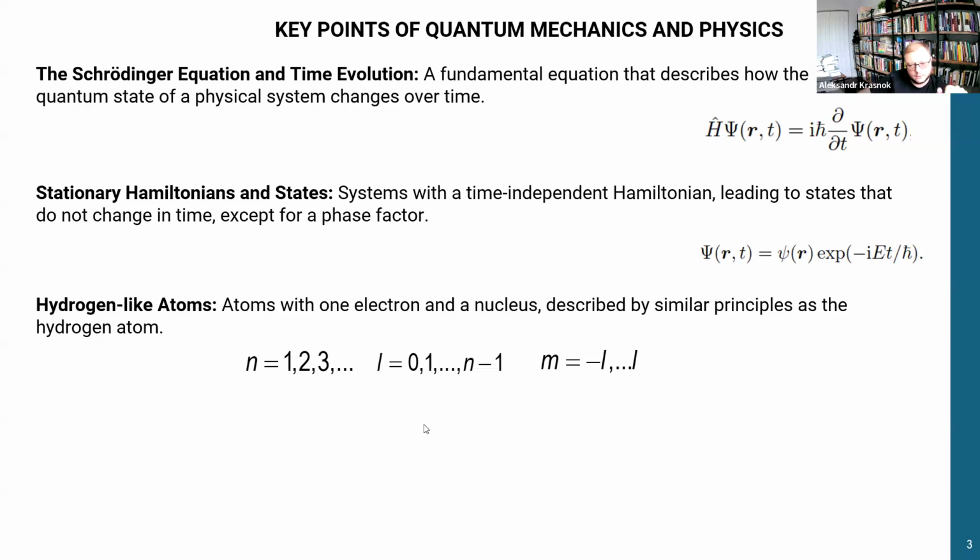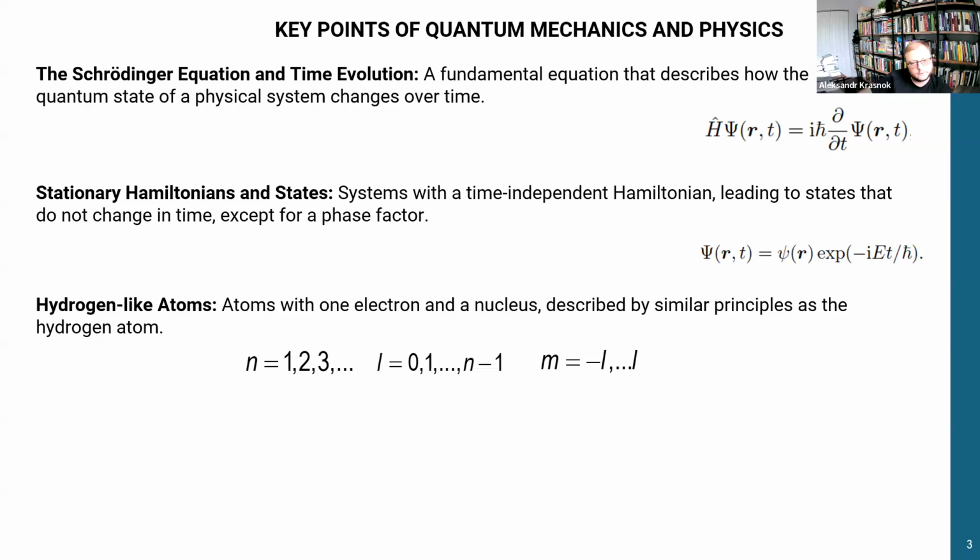At every single n, which defines energy, we also have two other quantum numbers, L and M. L stands for the mechanical orbital momentum.